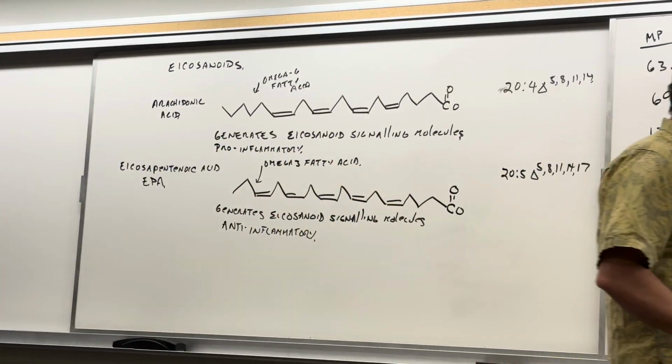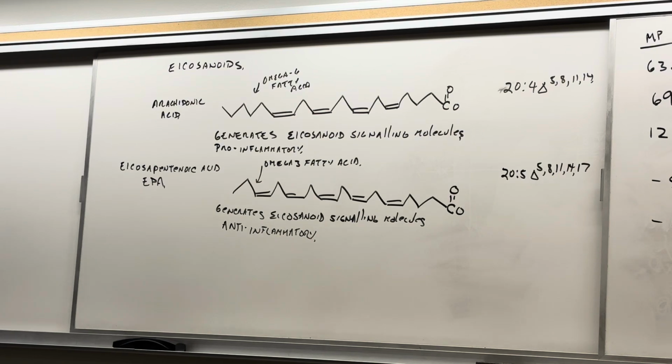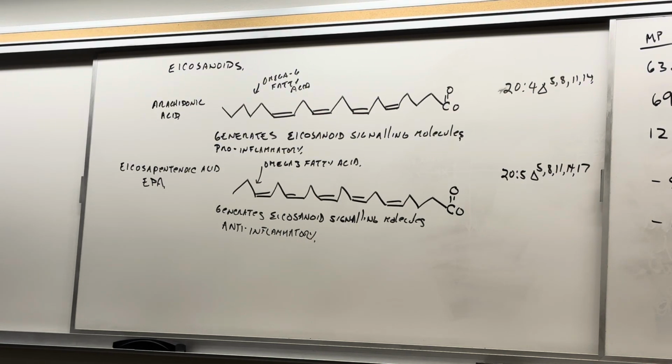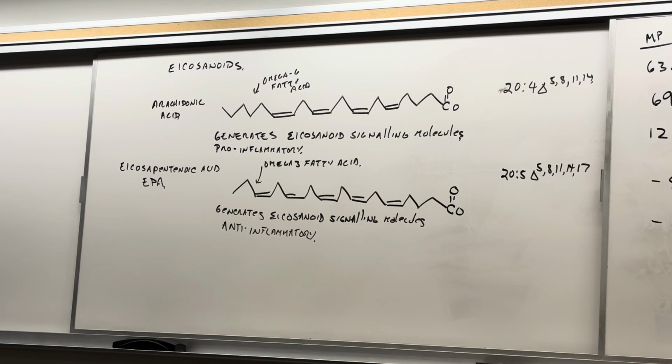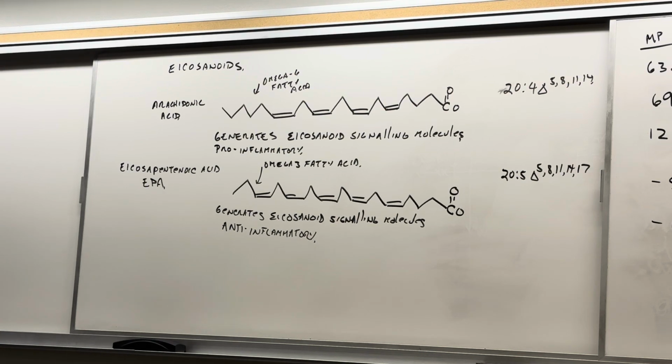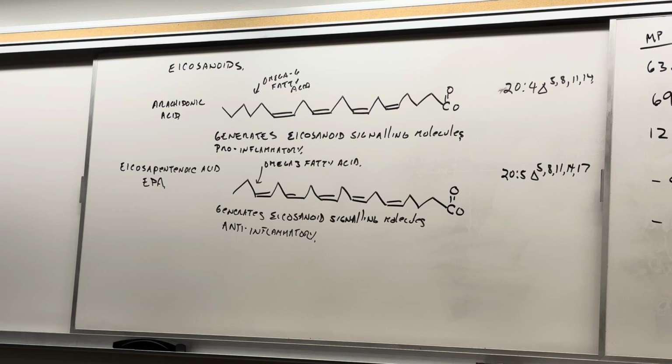Okay, so this leads to a model relating omega-3 fatty acids to cardiovascular health. It was found as part of nutrition studies that reduced risk of having a heart attack was associated with high consumption of fish in your diet, and fish tend to have a lot of omega-3 fatty acids. So fish oil has a lot.